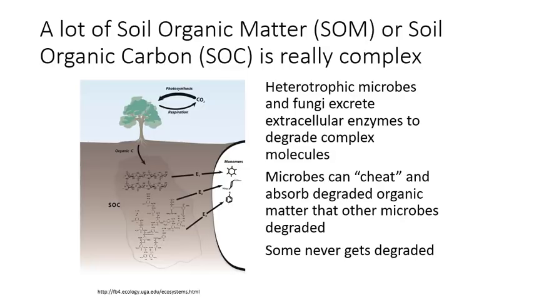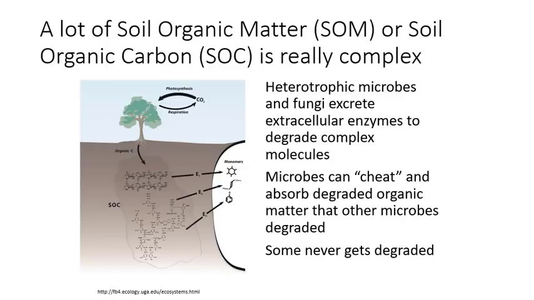This creates an interesting ecological interaction in many soils, as it is less costly to cheat, but if everyone cheated, nothing would ever get degraded. A combination of cheating and the fact that some soil organic matter is so complex that no microorganisms can actually make the extracellular enzymes to degrade it, both contribute to keeping organic matter in soils.